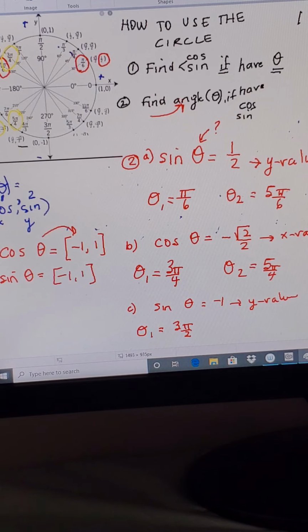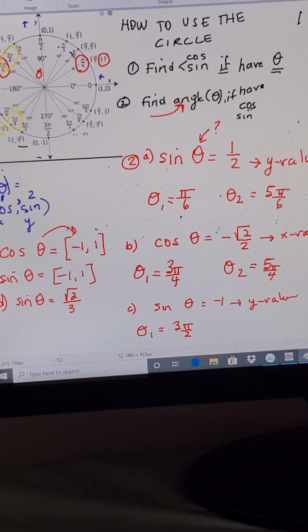And then maybe I'll just do an example D right here. If I said the sine of my angle is √2 over 3, for example, right?